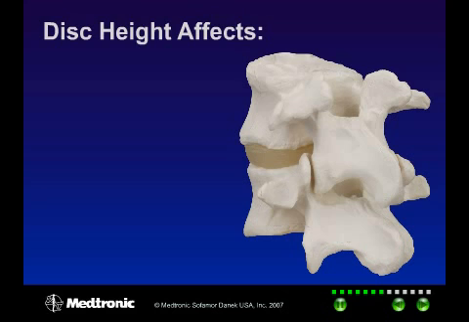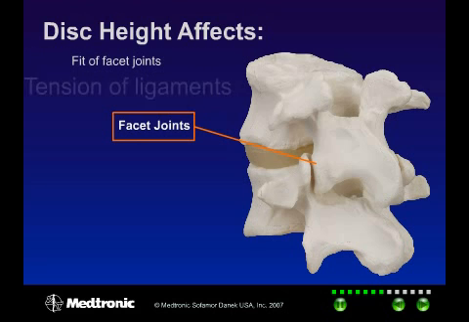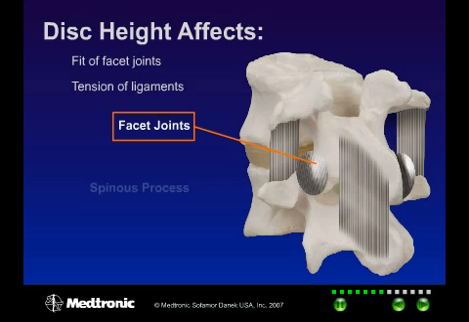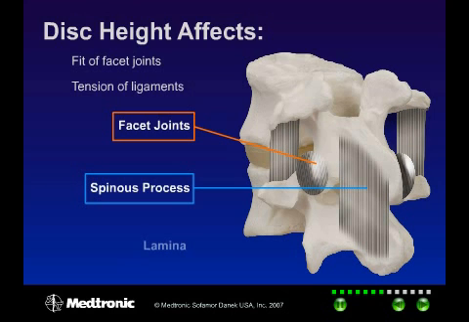Disc height also affects how well the facet joints at the back of the spine fit together, and affects the tension of the ligaments between the spinous processes, lamina, and facet joint.